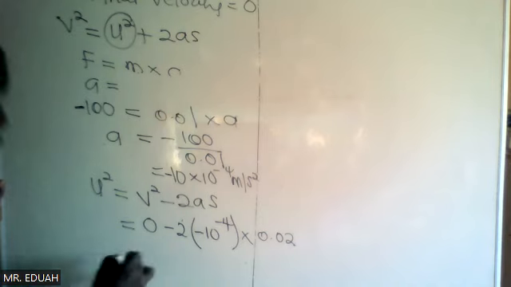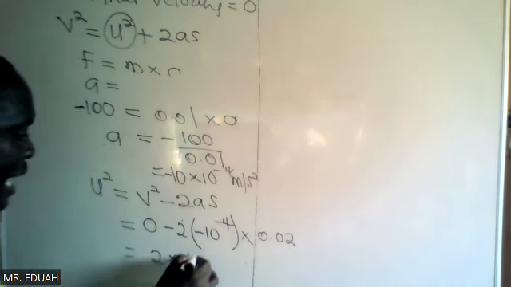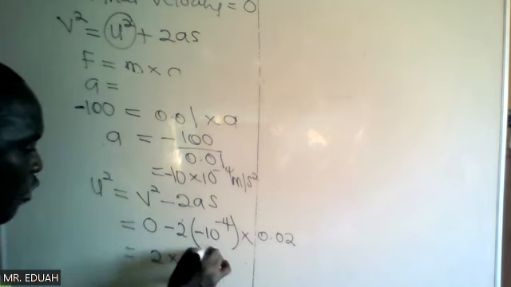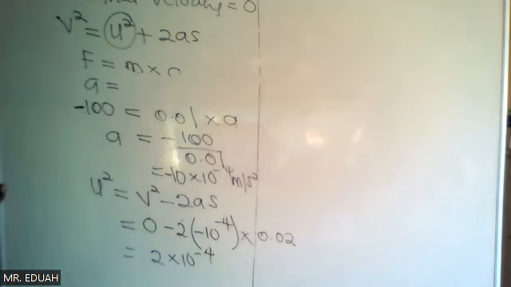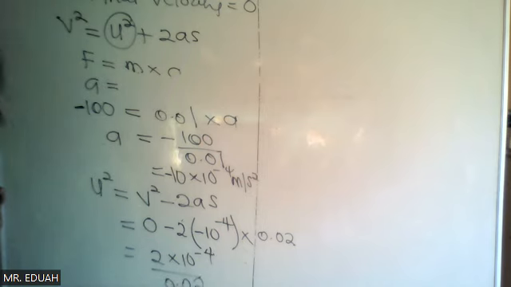So we have 2 times 10 to the power minus 4 divided by 0.02.